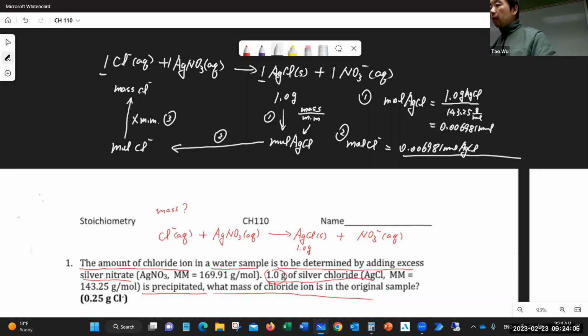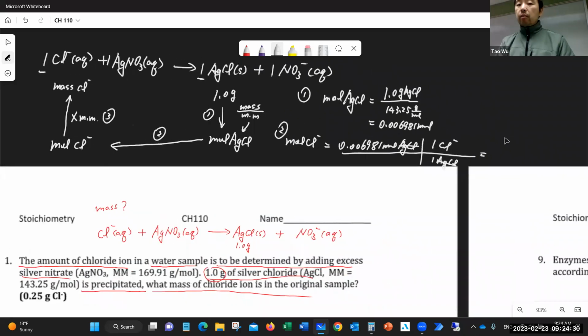Then you multiply by the coefficients. You cancel the mole of the silver chloride, and put 1 mole of the chloride ion up there, since this is a 1:1 ratio. So the silver chloride is canceled. Since this is 1:1, the mole of the silver chloride is the mole of the chloride ion. So you have 0.00698 mole of the chloride ion. This is step 2.